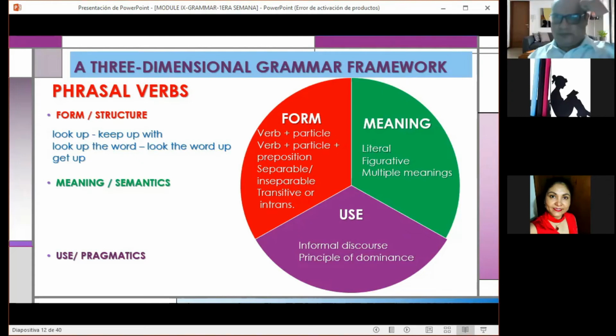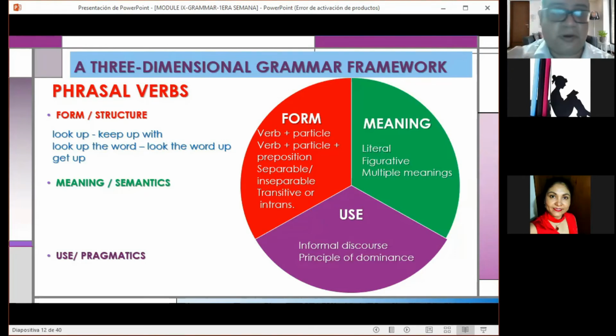Let's see some examples. Here we have some examples. The form and structure. Look up: a verb plus a particle. Keep up with. So you have 3 words, but with just one meaning. Keep up with means that you have to be updated.